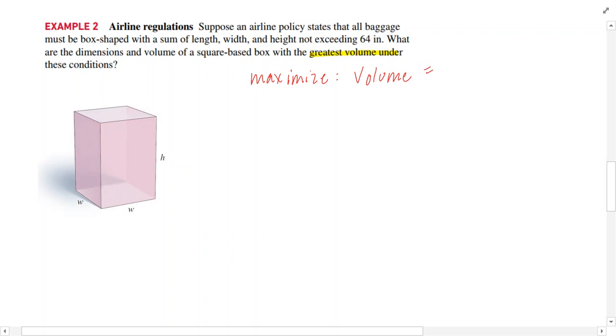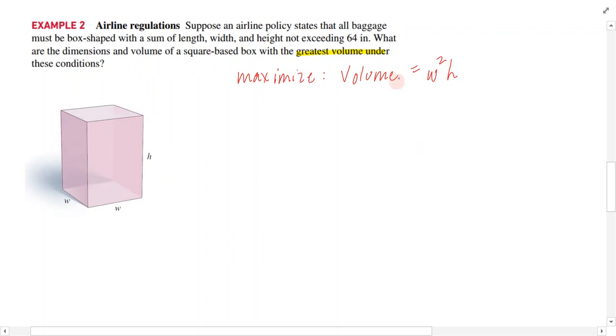When we think about volume, volume for this particular shape would be the area of the base times the height, or in other words, W squared times H. Remember, this equation that we just found, the one that we want to maximize, becomes the primary equation.